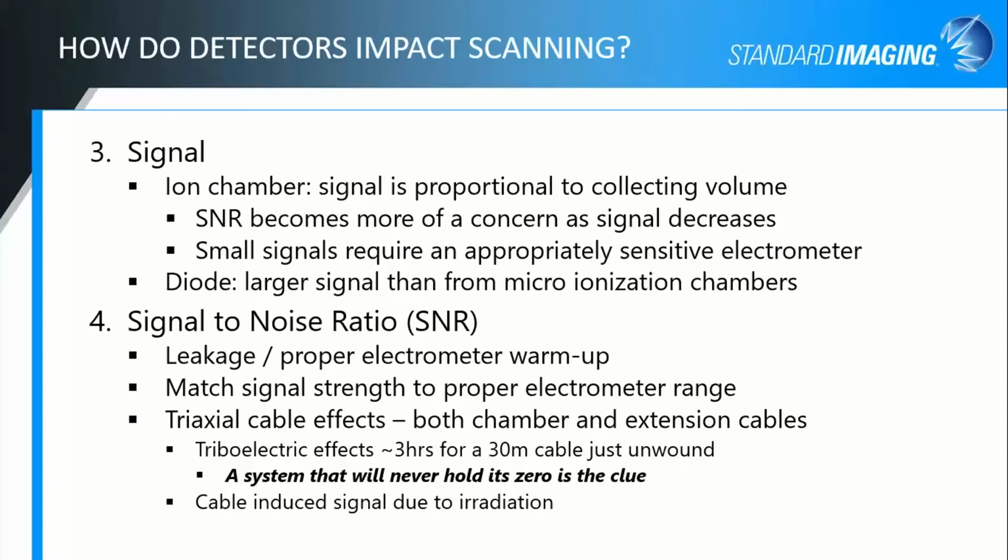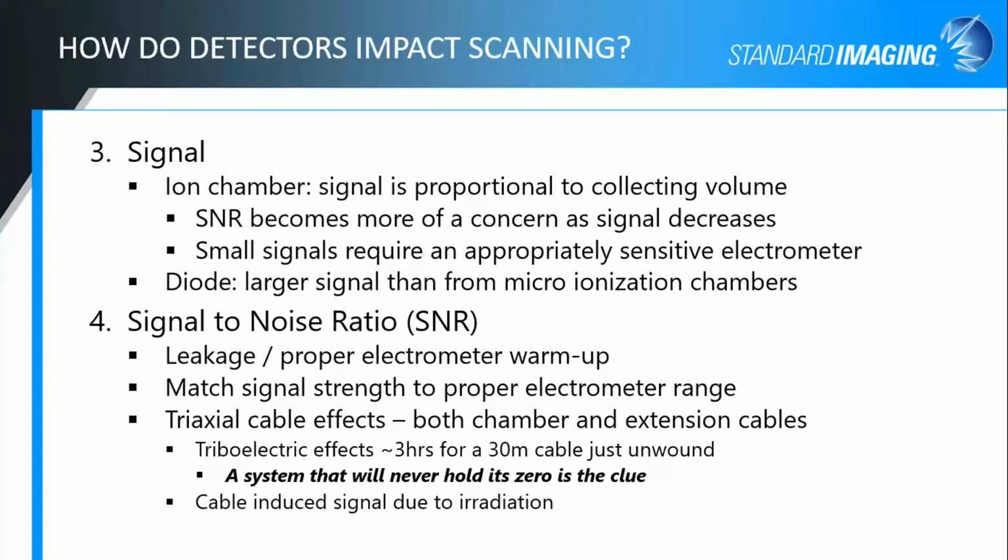One is cable-induced signal: as you irradiate it, you can create some charge through Compton interactions with the metal within the cable. But there are also potentially some triboelectric effects. These are mechanical strain on the cable, especially if it's a tightly wound cable that you're just unwinding before you make a measurement. The relaxation of the physical components of the cable can cause a slight drift in the signal.